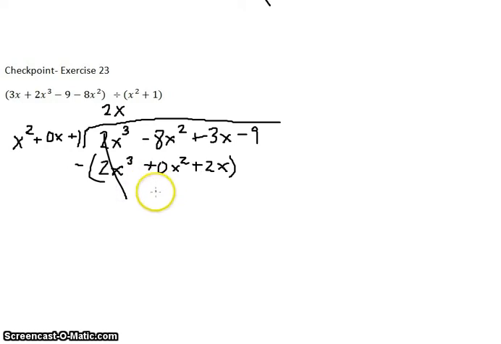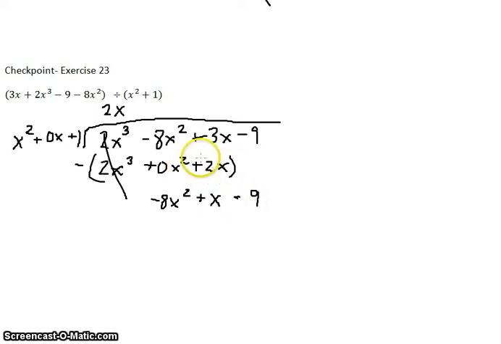This cancels out. I'm left with negative 8x squared. A positive 3 minus 2x is left with a positive x minus 9.